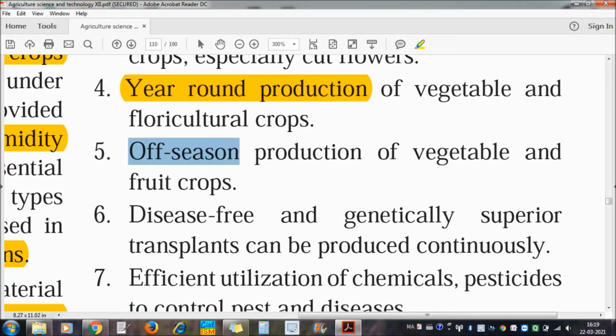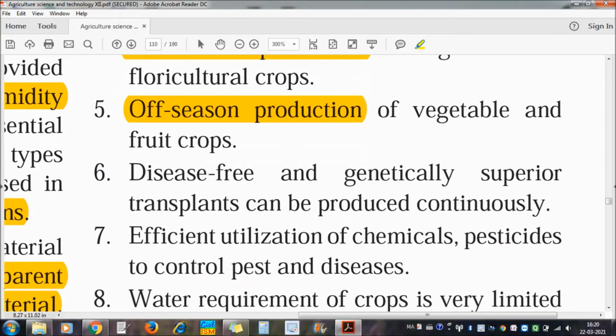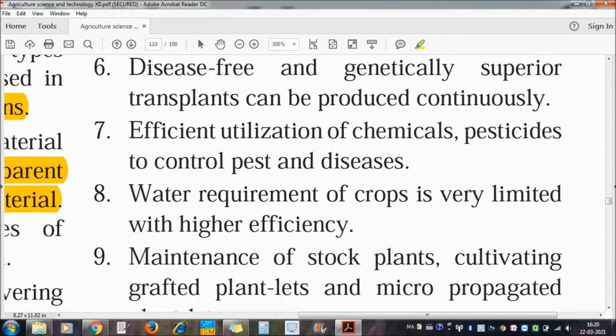In off season also we can produce fruits and vegetables. So production of fruits and vegetables in off season is called forcing. Here again important, disease free and genetically superior quality transplants can be produced in these houses.